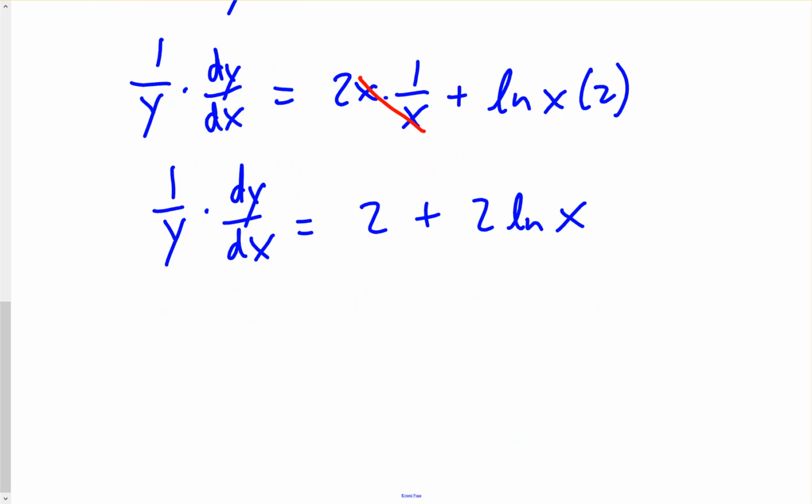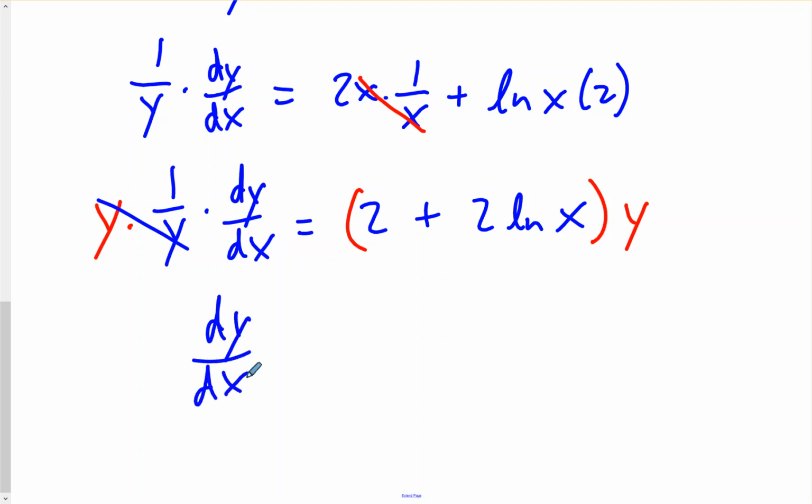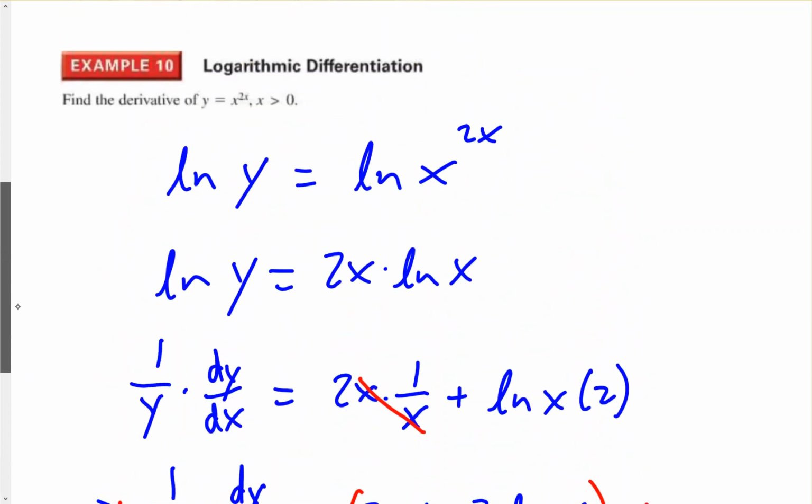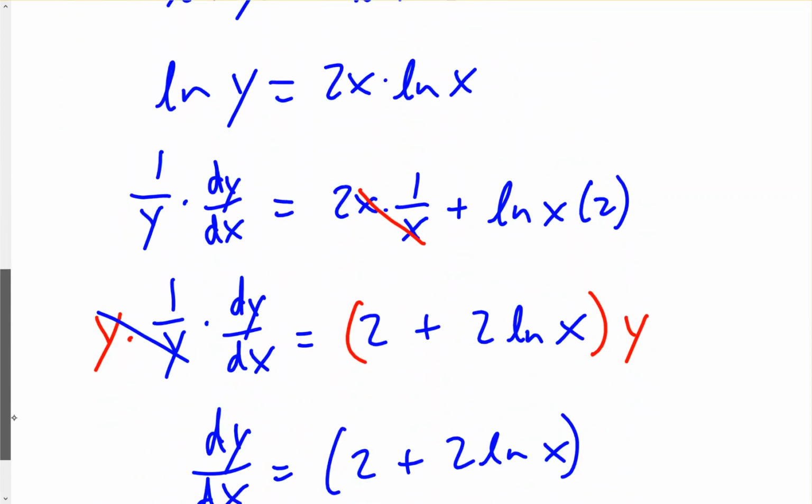Okay, and now I could multiply both sides by y. So I'm left with dy/dx equals 2 plus 2 ln x times y, and I think you guys will know what will happen here. We replace the y with x to the 2x.